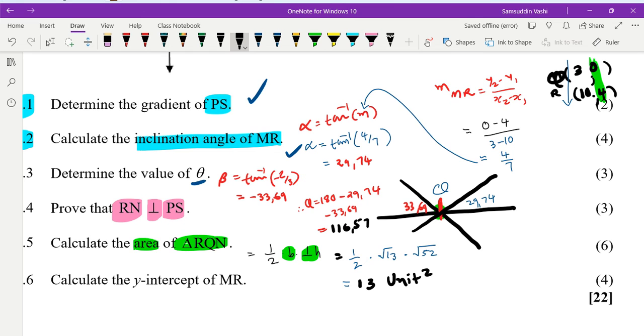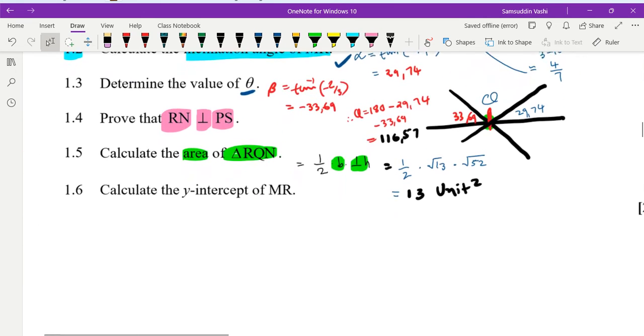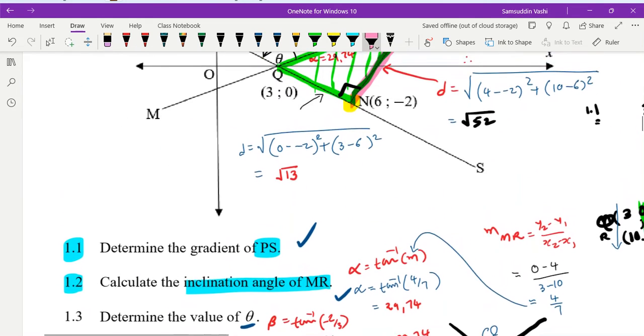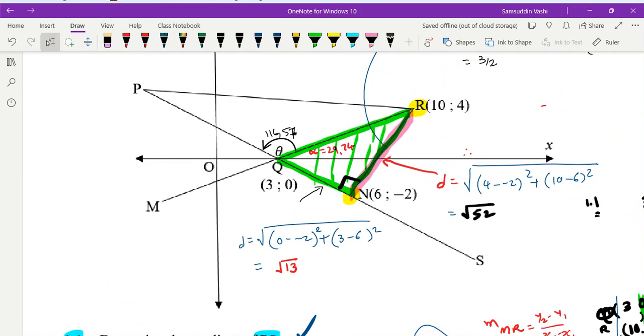Okay. So calculate the y-intercept of MR. So I need to find out the equation first, and then in y equals mx plus c, that c will be my y-intercept. That's MR, and the y-intercept I'm looking for is there.